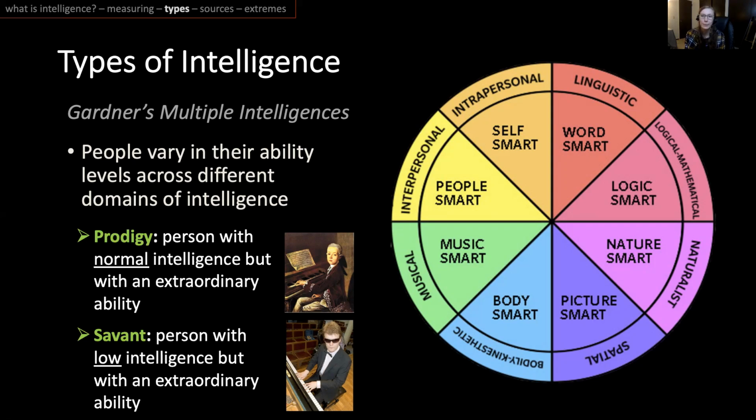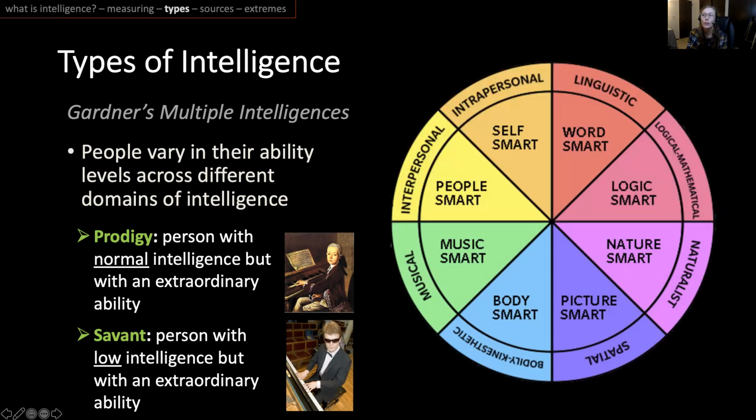So Gardner was observing different people, ordinary people, people with brain damage, etc. And he was comparing their abilities between these 2 different groups. So he came up with these 2 descriptions, and maybe you've heard of these words before. He called someone a prodigy if they had normal intelligence, but were really good at something. So for instance, let's consider someone who's music smart.